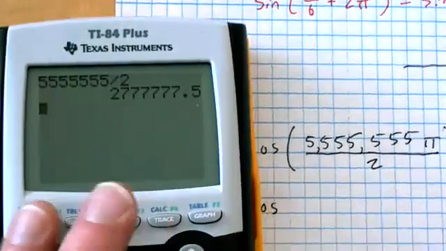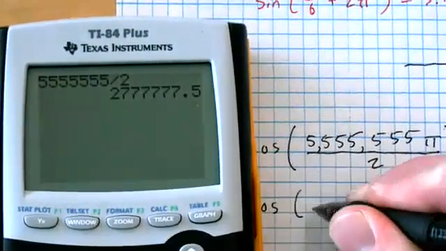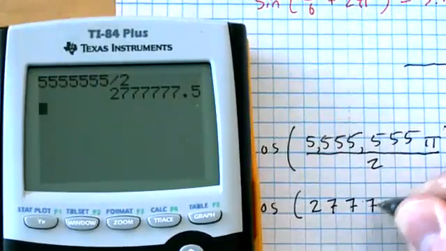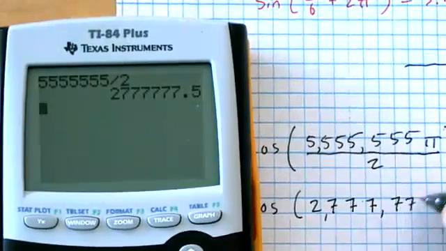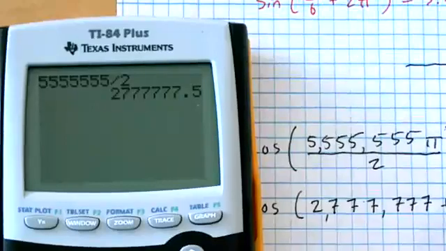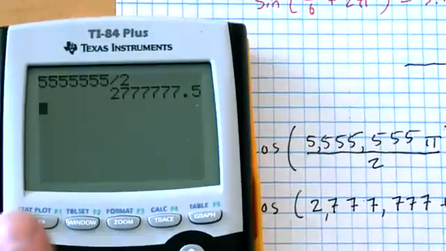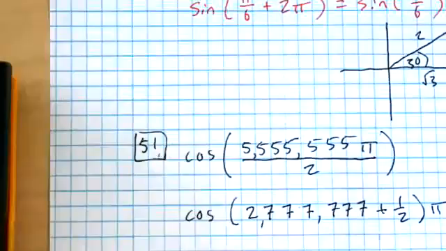Oh, I don't know that I would have come up with that. That is 2,777,777 and plus 1/2 pi. Right?